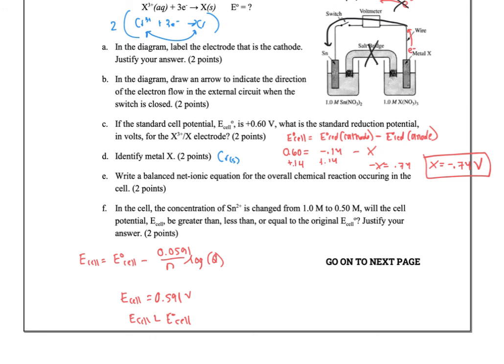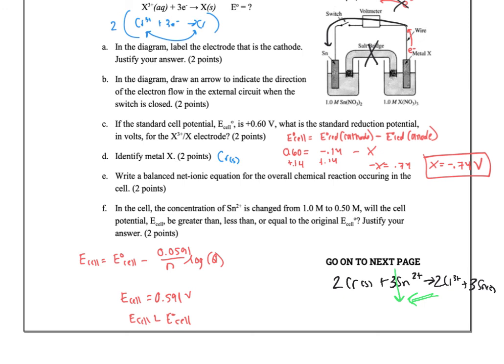Or you can use Le Chatelier's principle. If you look at the balanced equation that you got in letter E, it should have been 2 Cr solid plus 3 Sn2+ makes 2 Cr3+ plus 3 Sn solid. And if I'm lowering the concentration of this, we're going to shift to the left to overcompensate for that.